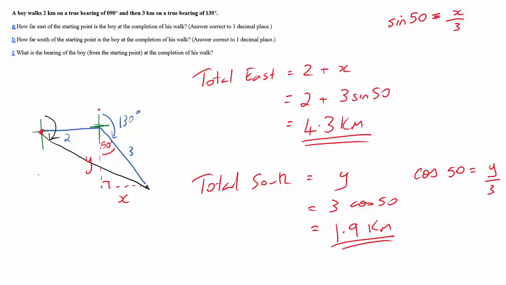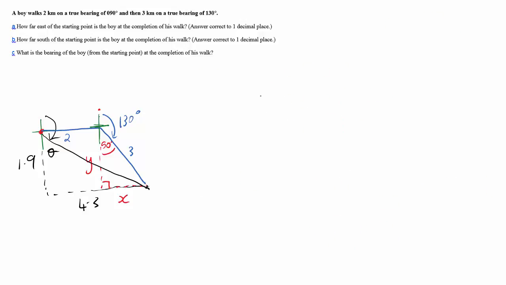Now, we ask ourselves, how are we going to get that? Let's think about this. We actually have this whole triangle here. We know that the boy went 1.9 kilometres south in total and 4.3 kilometres over to the east. So we can work out what theta is using that. We're thinking tan theta, opposite over adjacent.